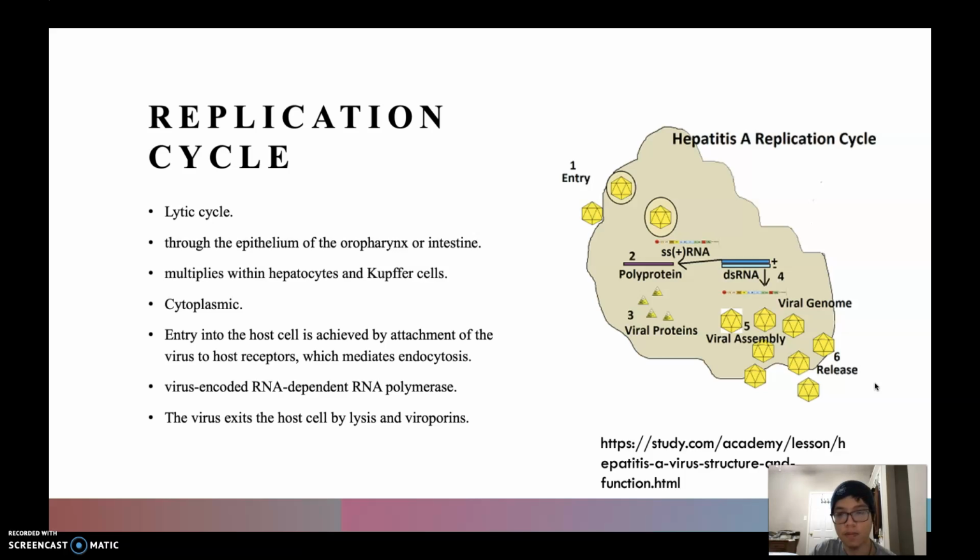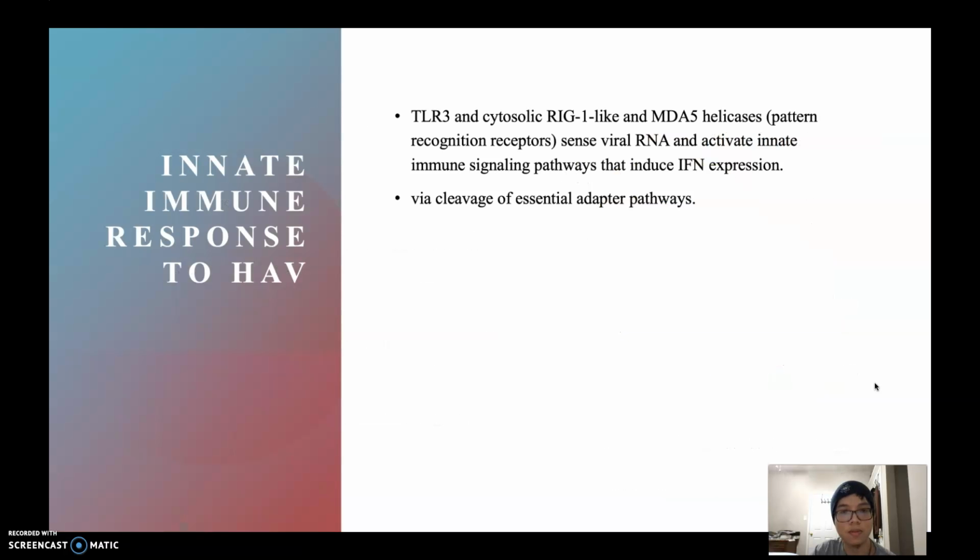And replication follows the positive single-stranded RNA virus replication model by using a virus-encoded RNA-dependent RNA polymerase to replicate, and then translation takes place by viral initiation. After that, the virus will exit the host cell by lysis, breaking the cell membrane, and viral porins.